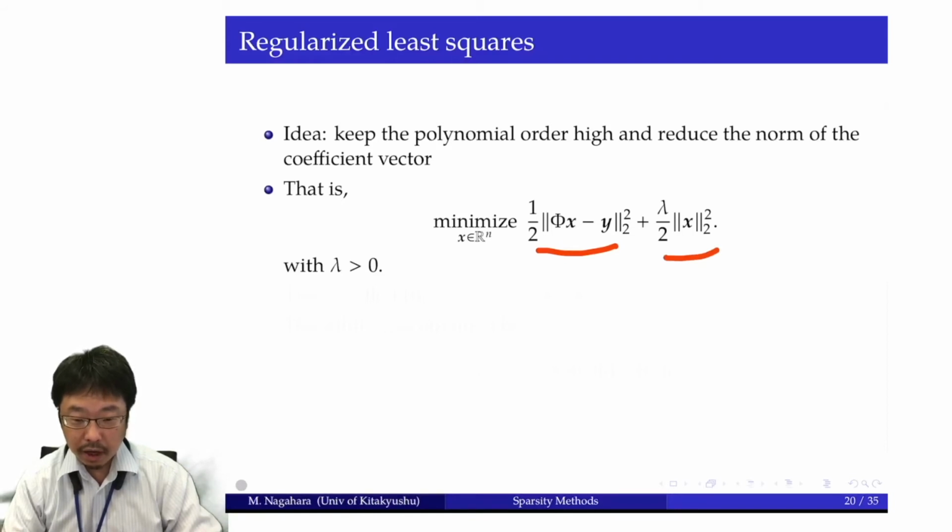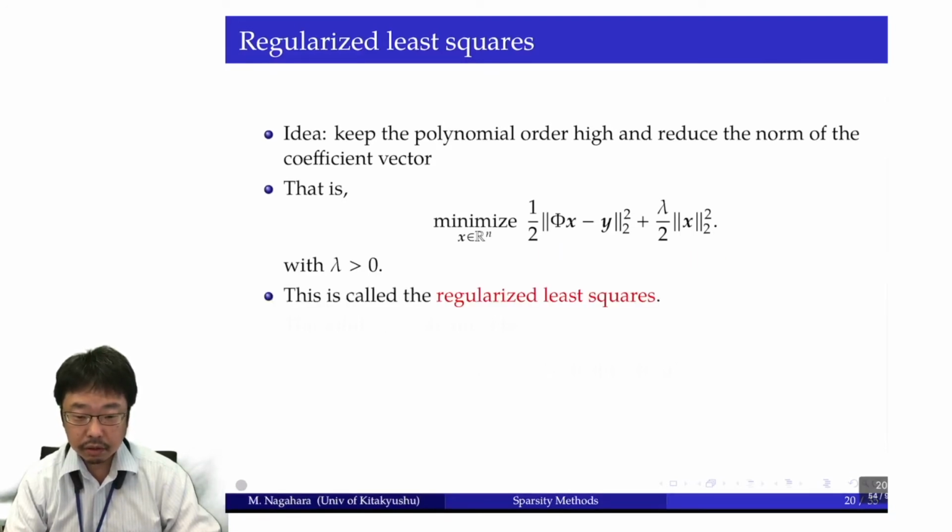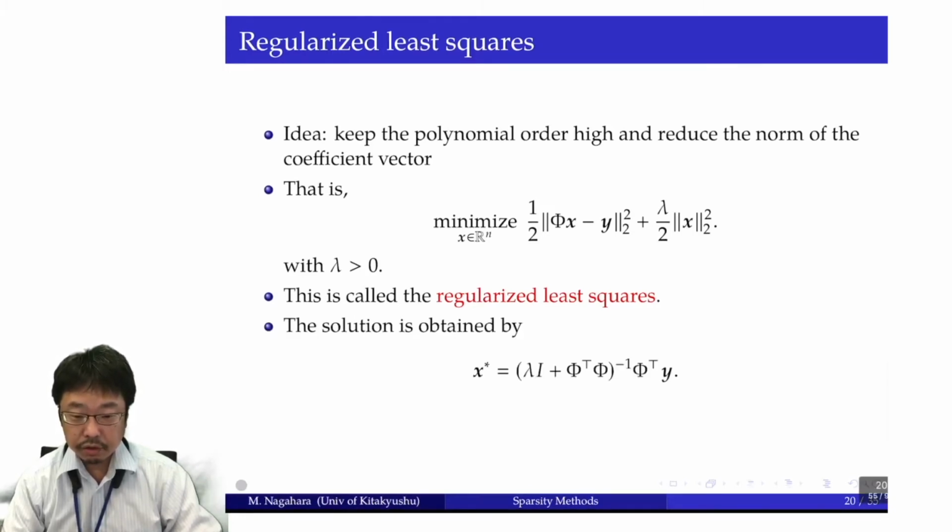The parameter lambda is a positive number which is fixed. This is called the regularized least squares. The solution of this minimization problem is given by a closed form of this.